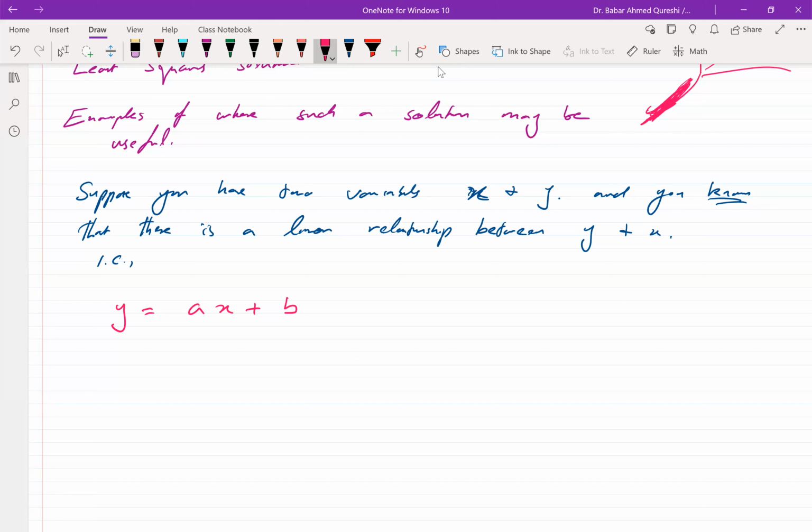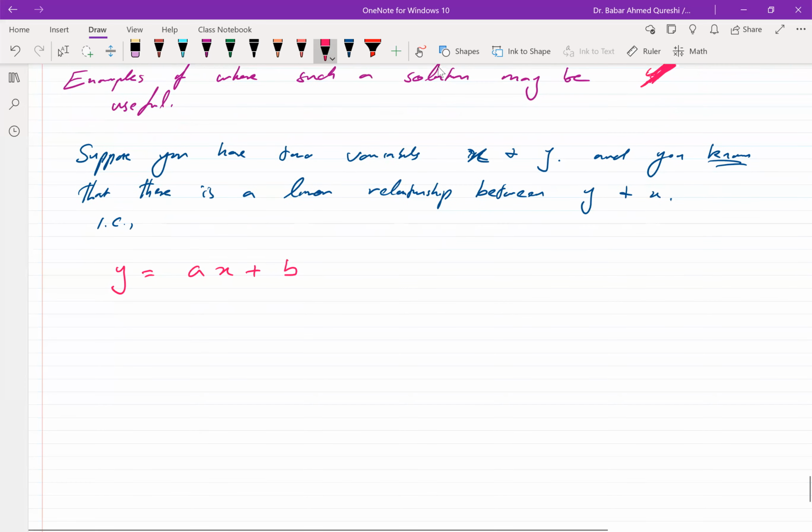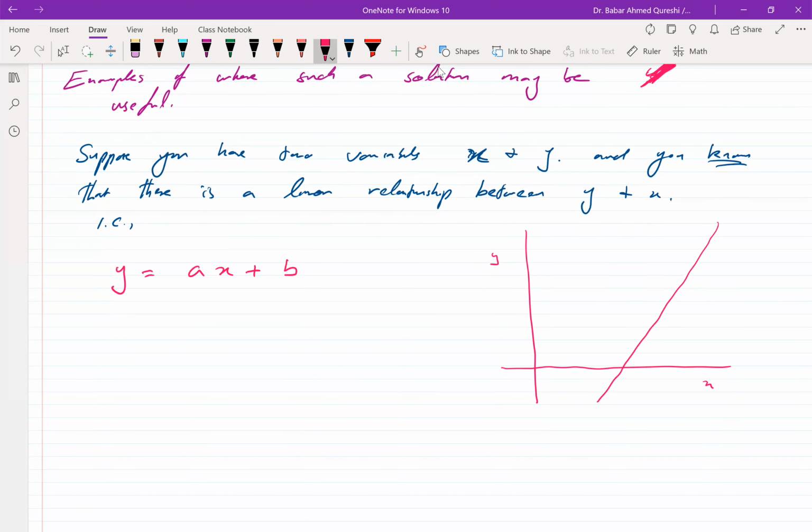Or you're just trying to model. You're given some data. There's a quantity x and there's a quantity y, and you want to find the relation between them. And perhaps for various reasons you believe that there's some kind of a linear relationship between them. So that means you are expecting the graph of this line. If I draw it like this, you're expecting something like this kind of relation.